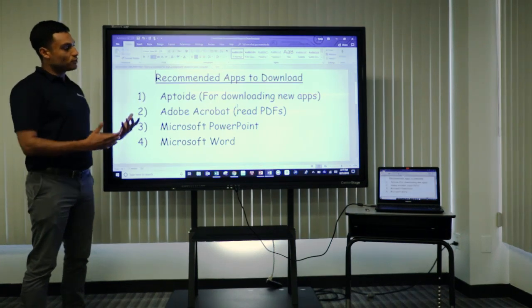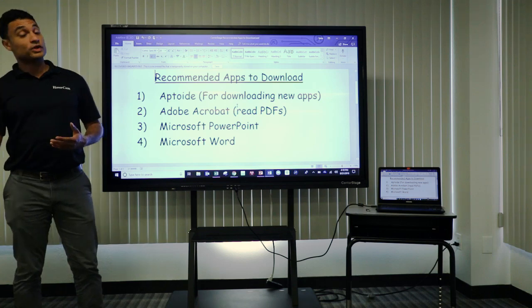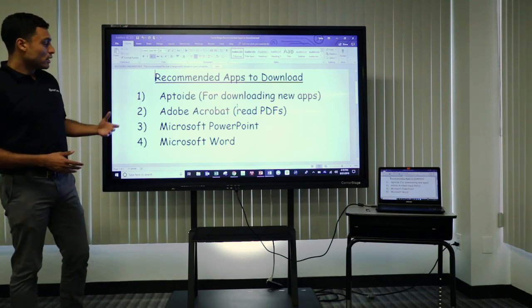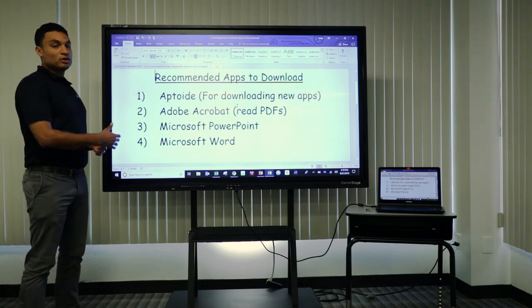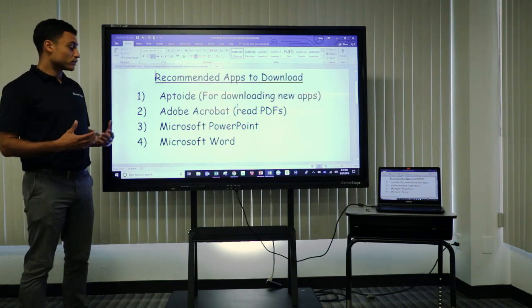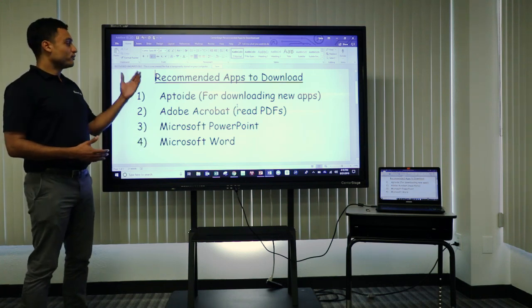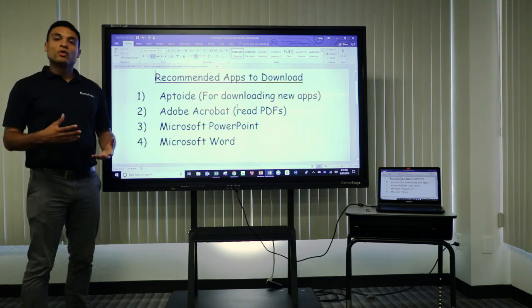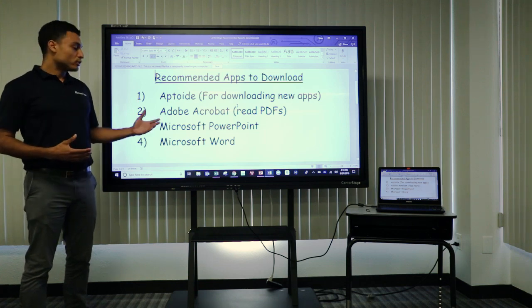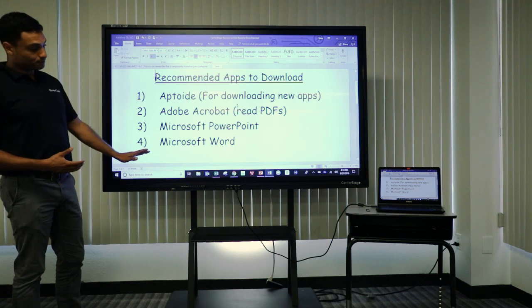Aptoide is nice and open and easily accessible, so we're going to recommend that you download all of your future apps using Aptoide. Additionally, we recommend that you download Adobe Acrobat so that you can read PDF files that you might pull from flash drives or external storage, as well as PowerPoint and Word, which are also available on the Aptoide store for when you're using PowerPoints or Word files on your CenterStage to be displayed.